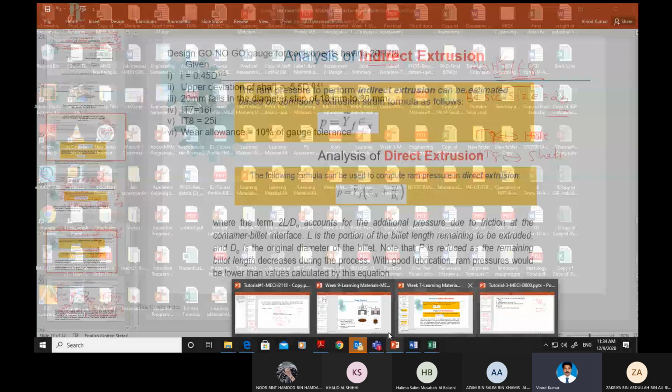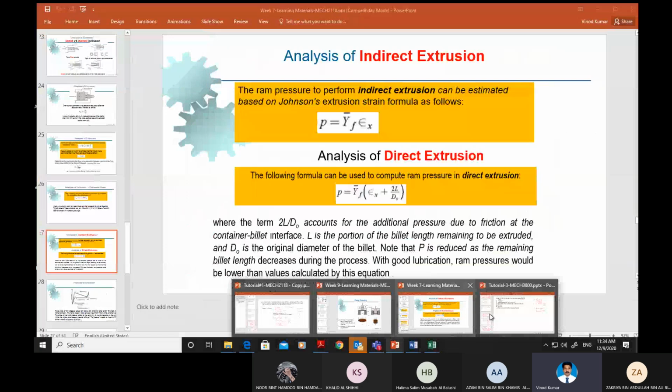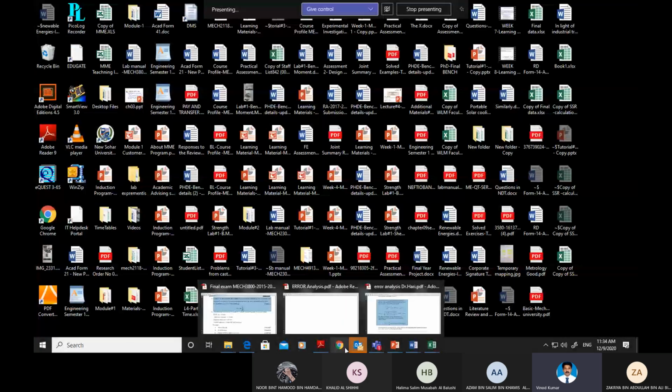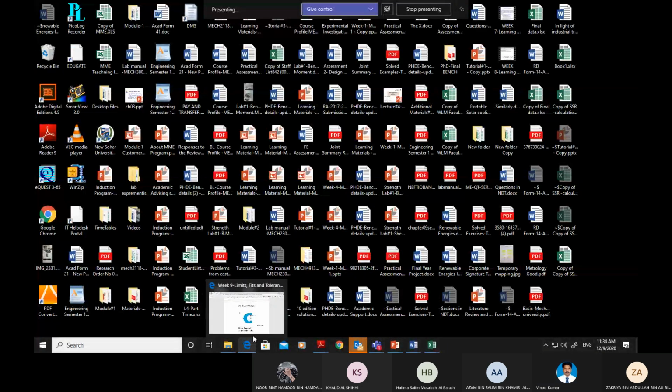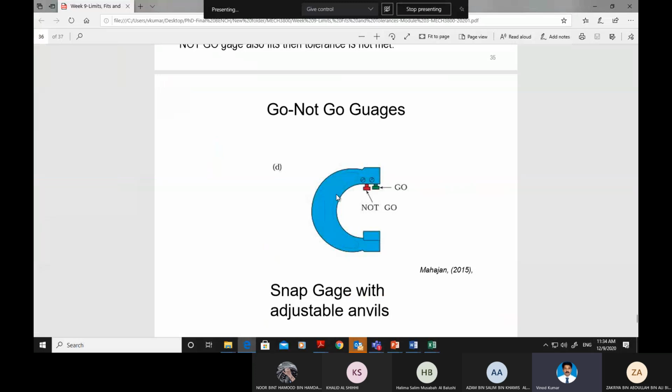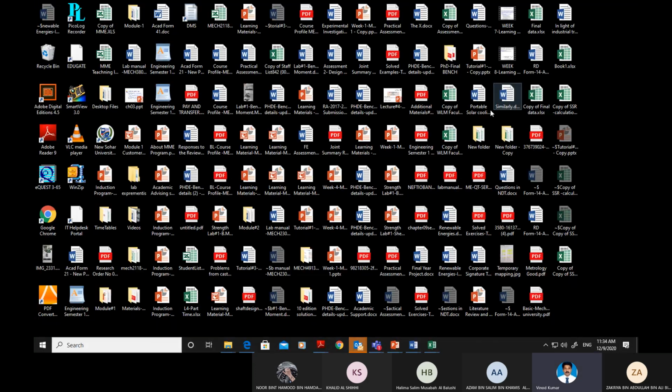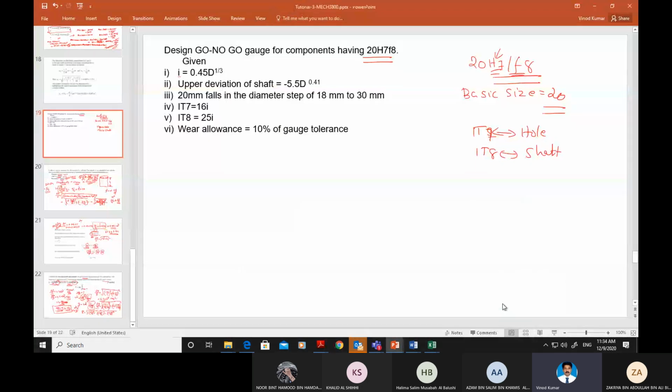So here, as I told you about go and no go gauges, it's clear, right? You have seen it. Now we have to design a go and no go gauge here, as I explained before.